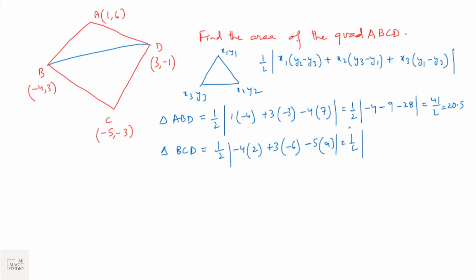That is half into minus 8 minus 18 minus 20. That is 38, 46. 46 by 2 is 23 square units. So area of quadrilateral ABCD is 20.5 plus 23, that is 43.5 square units.